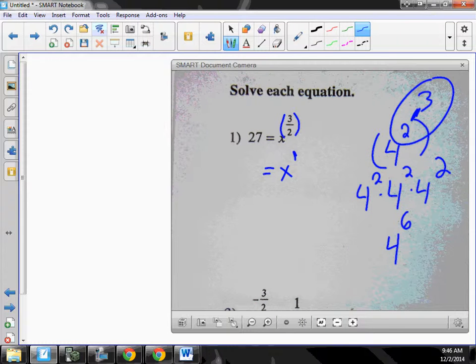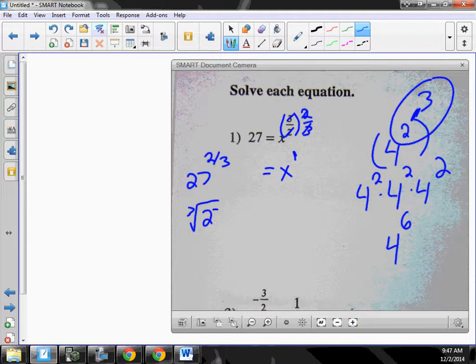So the easiest way to solve this, in my opinion, is to figure out what number I could times by 3 halves to turn it into a 1. The reciprocal, which is 2 thirds. Then 2 cancels 2 and 3 cancels 3. And over here I get 27 to the 2 thirds, which is the 3rd root of 27 squared.